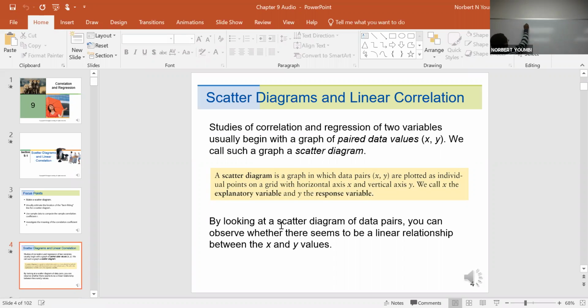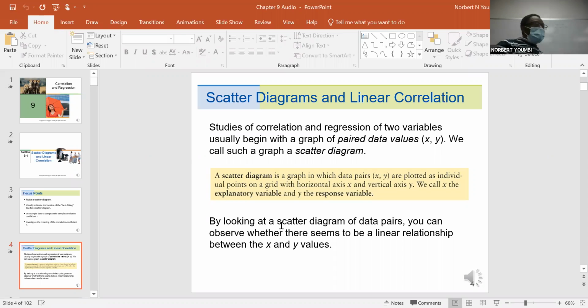So y is the dependent variable, and x is the independent variable. The dependent variable is also called the response variable, and the independent one is also called the explanatory variable. Some people also call this one the input variable and that one the output, but it's not too common.